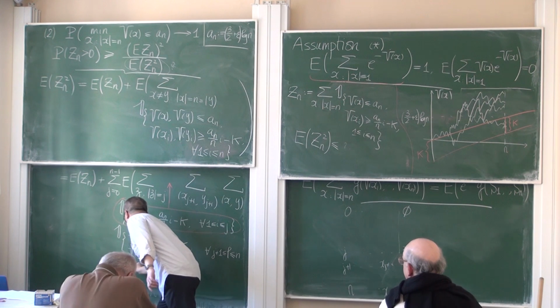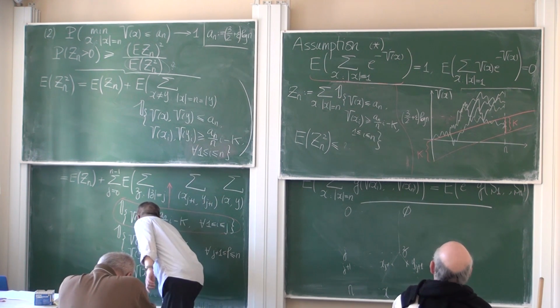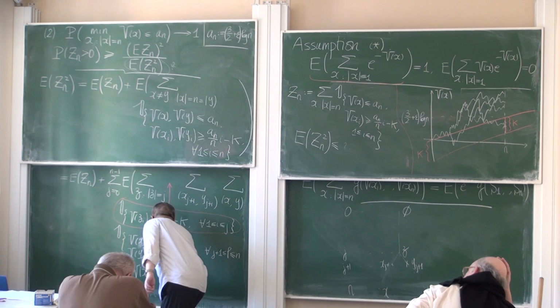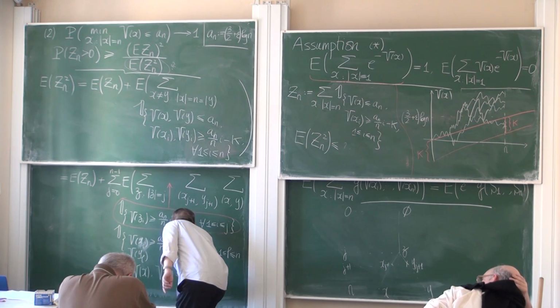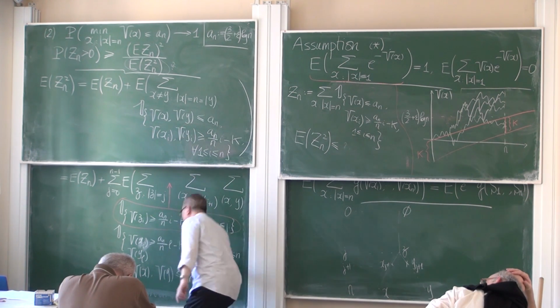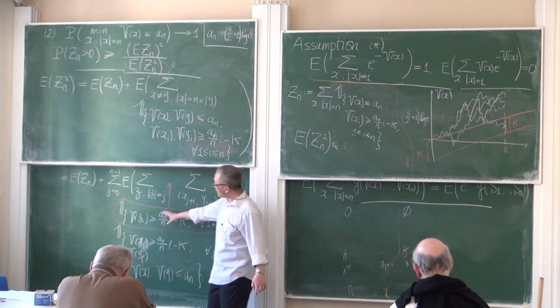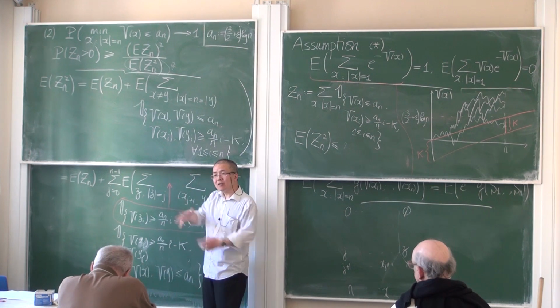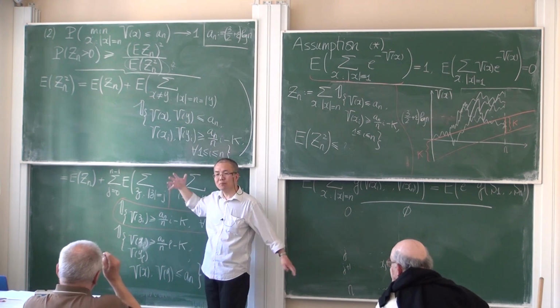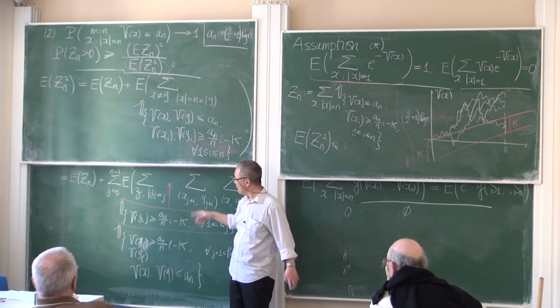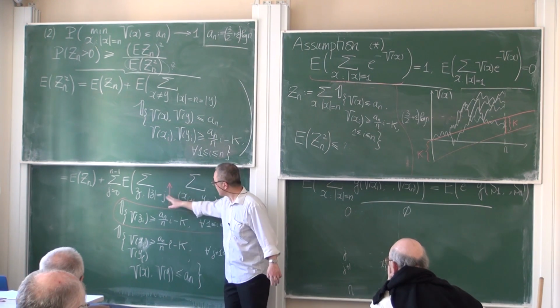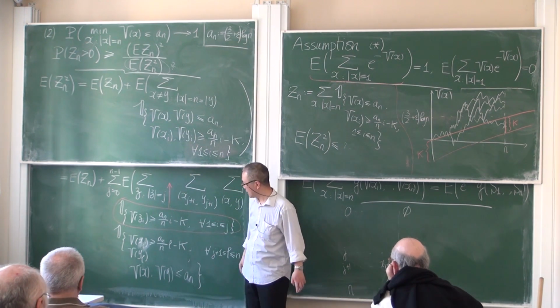And moreover, V of x and V of y should both be smaller than a_n. Now I think I have included everybody. The indicator function becomes bigger, but from a mathematical point of view things become cleaner, because I know what happens for this piece and what happens for the other piece.